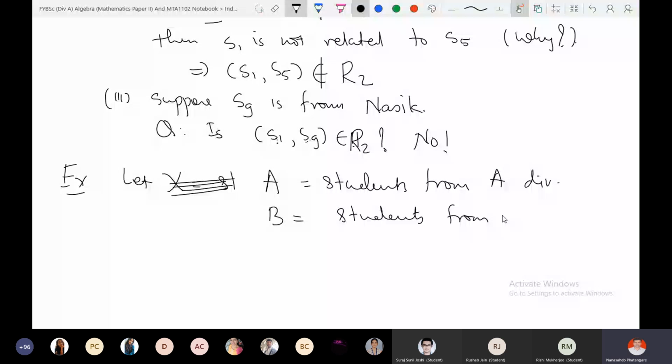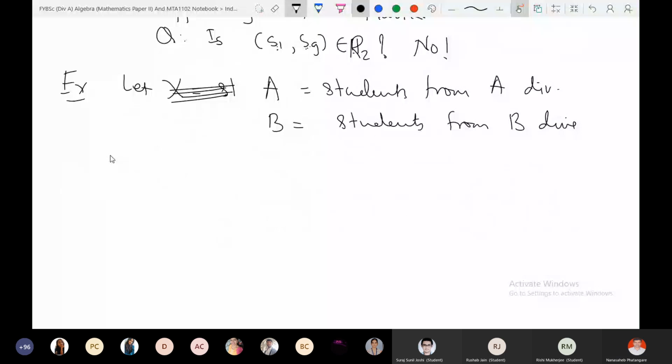If you have an issue with the same set, then I will consider different sets. Still I can have a relation. So define relation R1 from A to B. How am I going to define my relation from A to B?